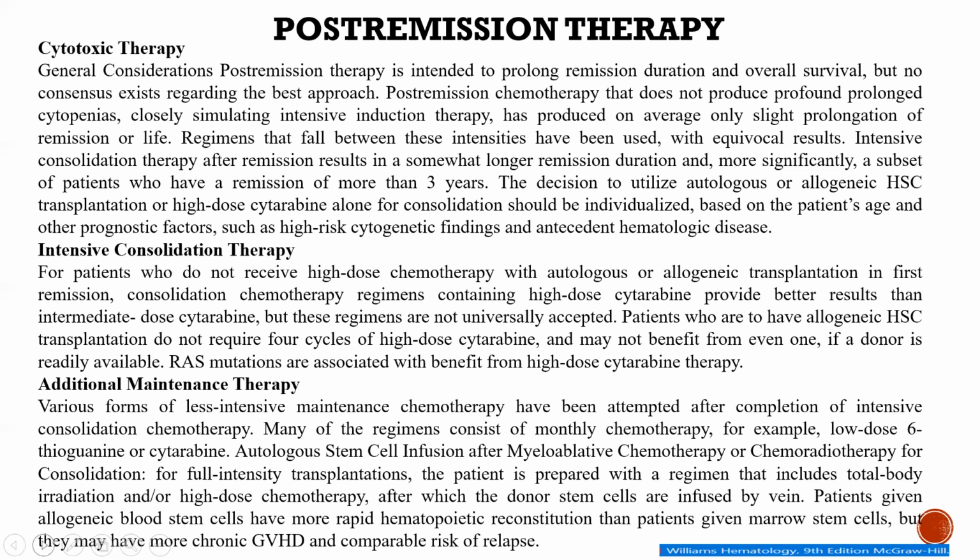The patient is prepared with a regimen that includes total body radiation and/or high-dose chemotherapy, after which the donor stem cells are infused by vein. Patients given allogeneic blood stem cells will have more rapid hematopoietic reconstitution than patients given marrow stem cells, but they may have more chronic complications and comparable risk of relapse.